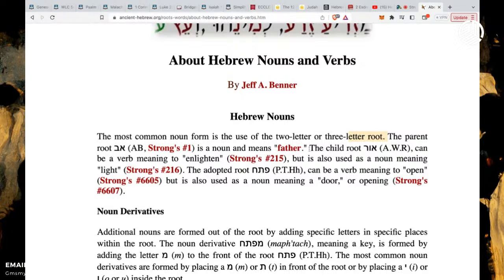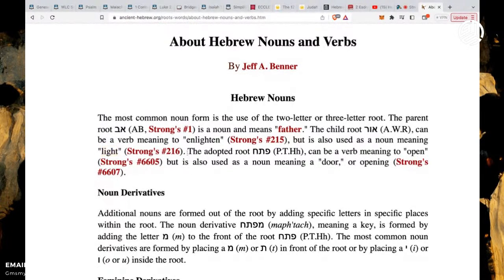It says a child root, which is a 3-letter word. A war can be a verb, meaning to enlighten, but it's also used as a noun, meaning light. So you have to know, depending on the context of the sentence, if it's a verb or a noun.